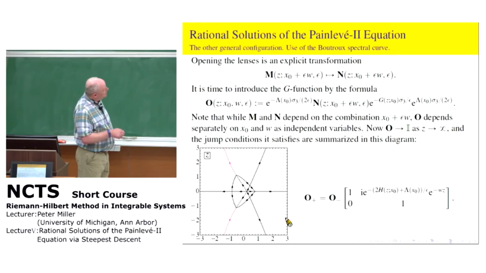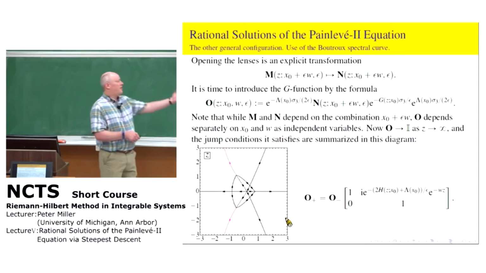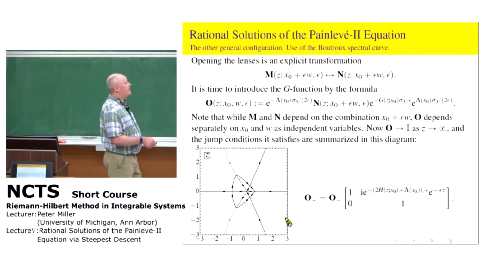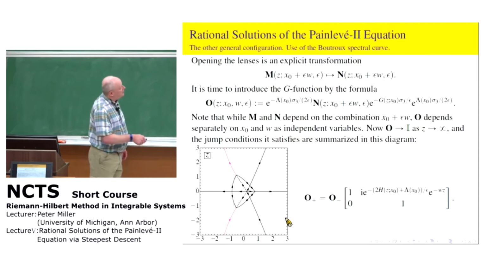There's an exponent which lives in the plus region in both cases, so that is exponentially small. There's also this e to the minus wz coming out, and that's because we have this extra dependence on w in the matrix N, which is somehow not compensated by the g function and these constant conjugating factors, okay? So that just comes along for the ride, but we're going to use that in order to get elliptic functions in a minute. So, okay, this looks exponentially small.